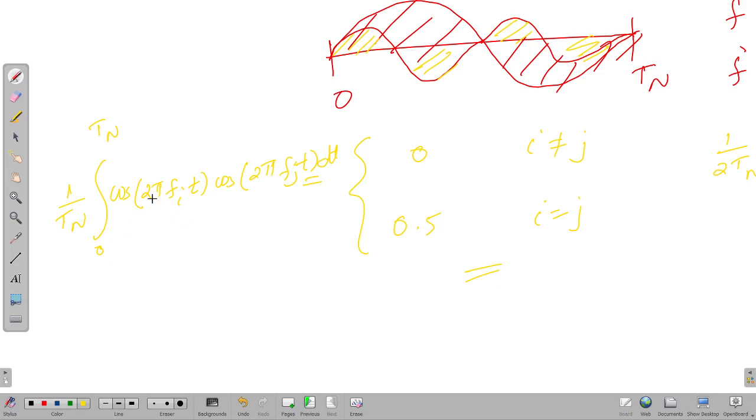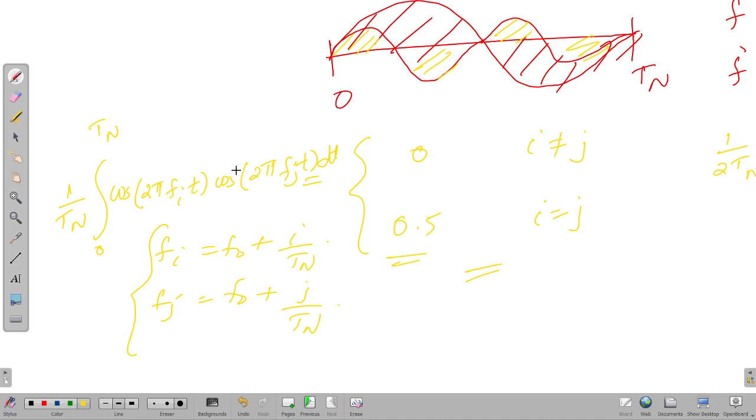So when I do this integration, if fi is f naught plus i divided by Tn, and fj is f naught plus j divided by Tn, and if fi is equal to fj, then you have some value, which means only if these subcarriers have the same frequency, you will have some value 0.5.